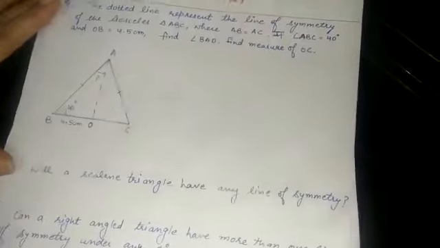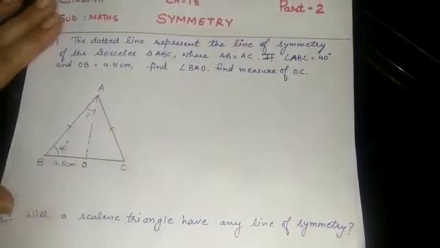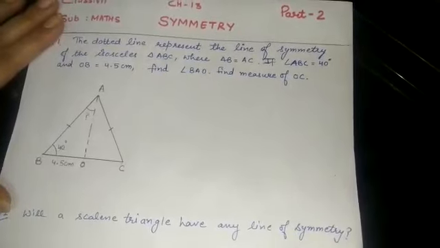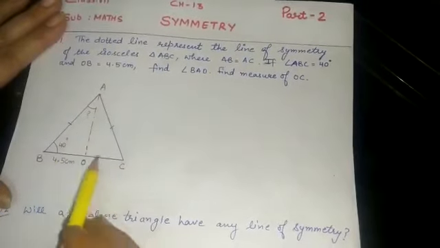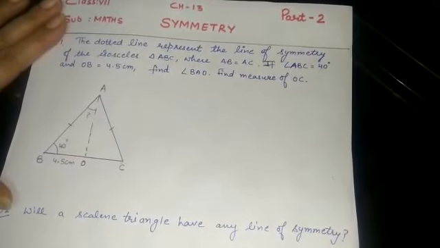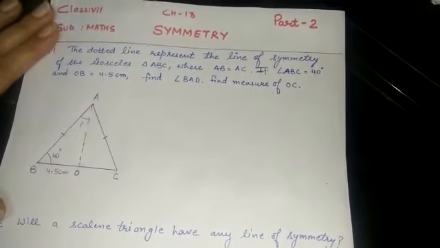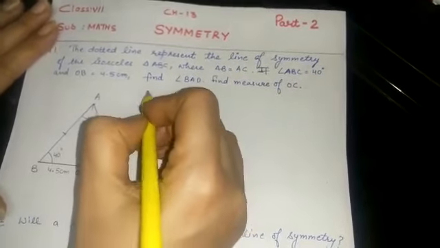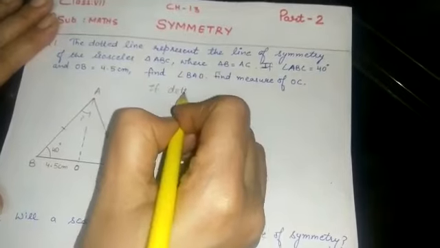Now in this triangle, if this dotted line is the line of symmetry, then these two parts are identical to each other. They coincide with each other.